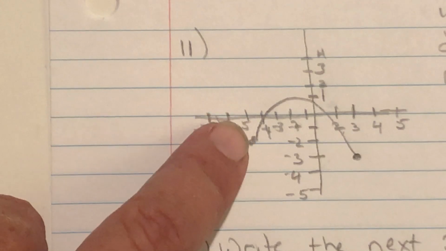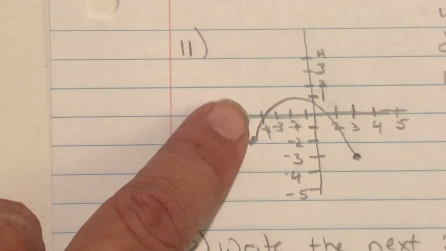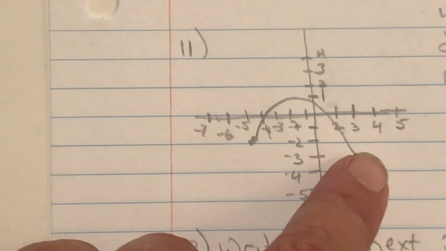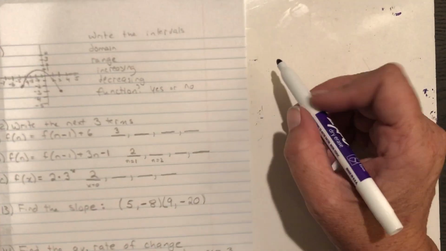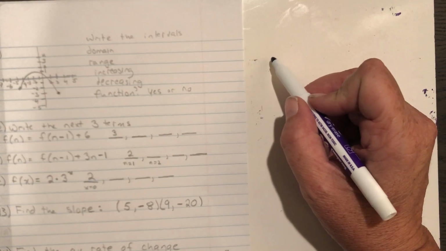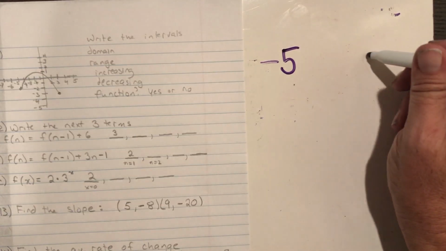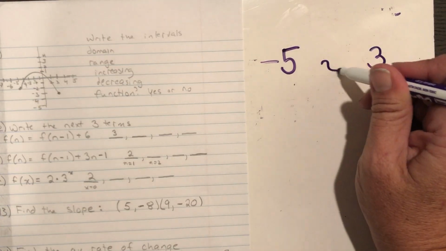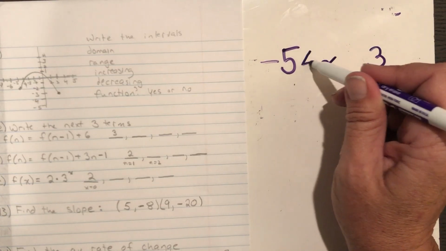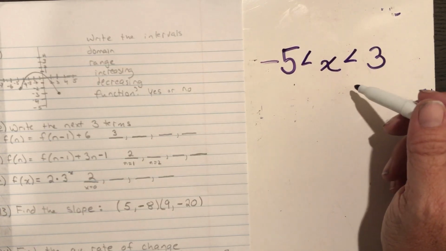Well, the x value furthest to the left is -5 that I would need, and over to the right is 3. So the way I'm going to write that is using my notation. I know that x has to be between -5 and 3. So I'm going to put x in the less than signs.